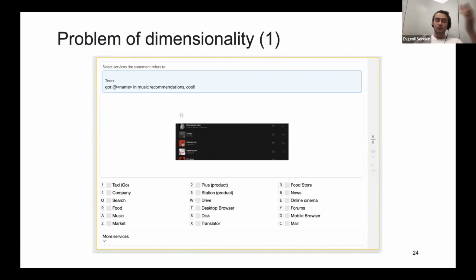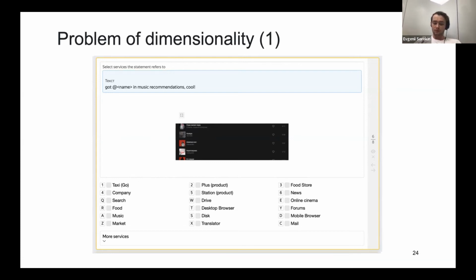There exists the problem of dimensionality. Imagine you have 20 classes to be marked. The task asks you to select services that the statement belongs to or refers to. And a single statement can have, I don't know, from 1 to 10 to 20 items.